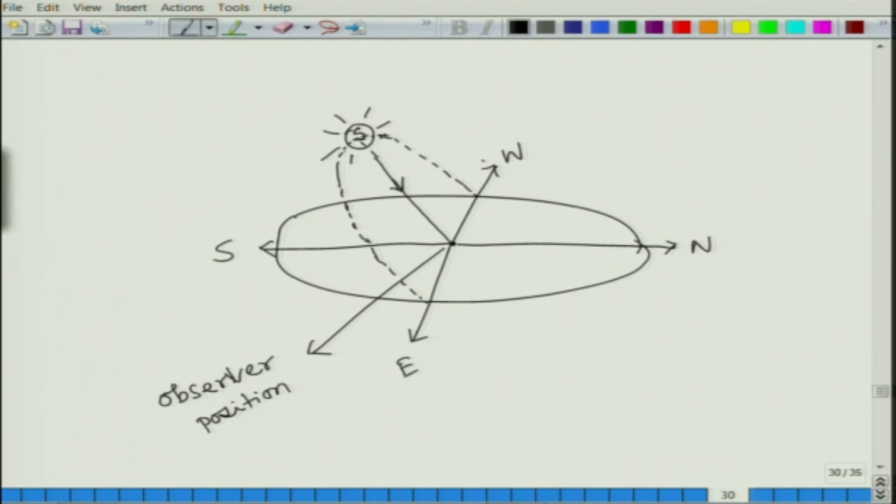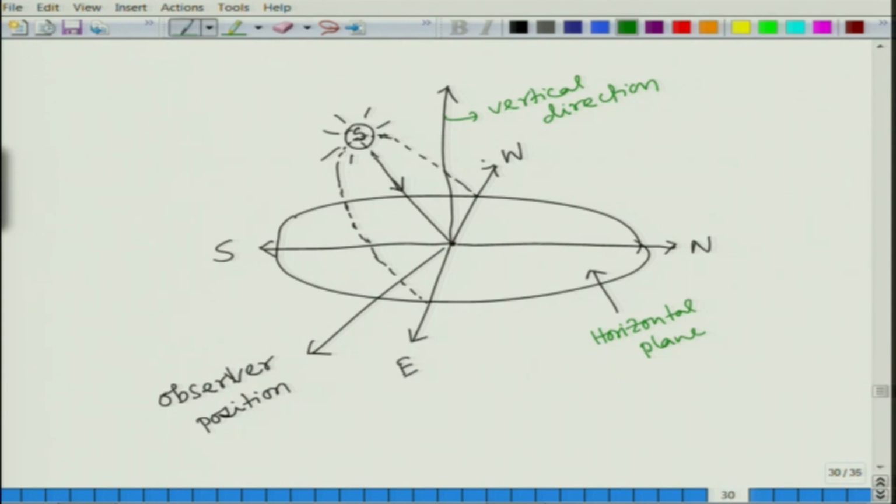Now we have two planes. Let me use a different color. This is the horizontal plane, the big ground that I told you to imagine. On top of this we can draw the vertical direction, which is exactly perpendicular to the horizontal plane.